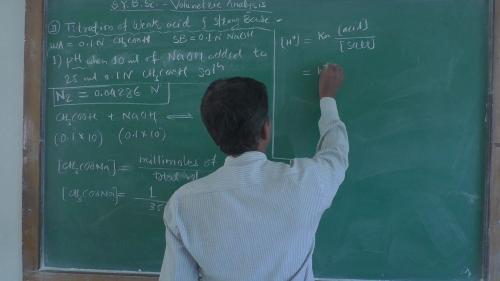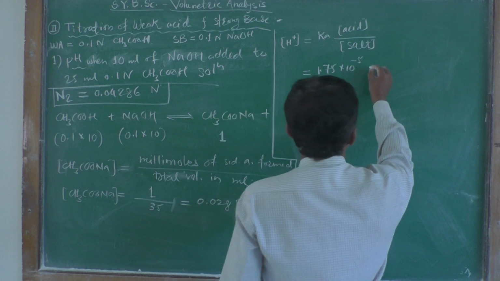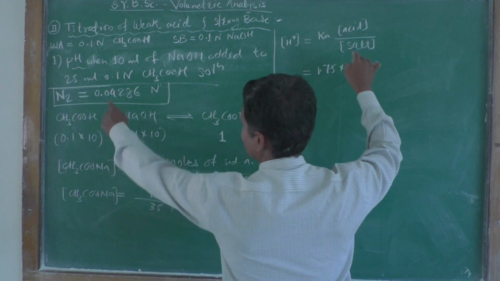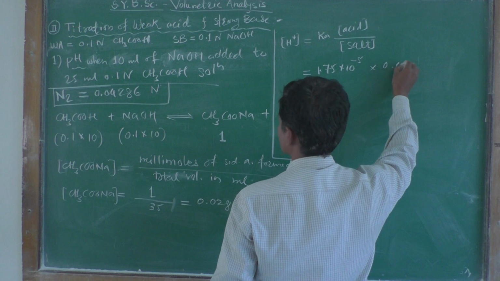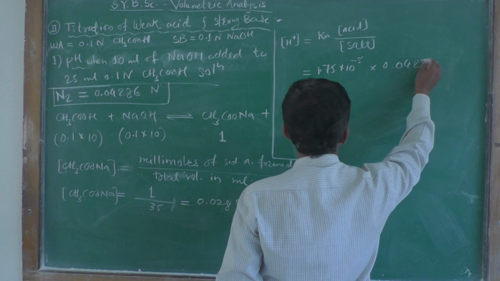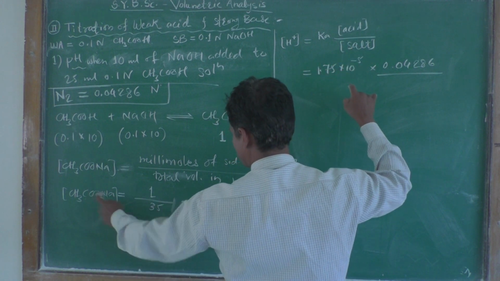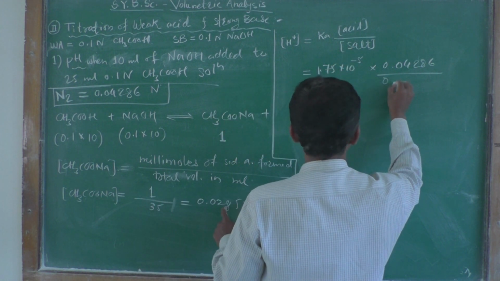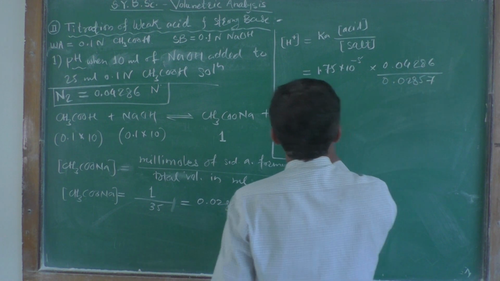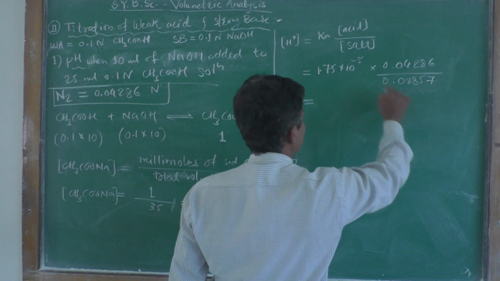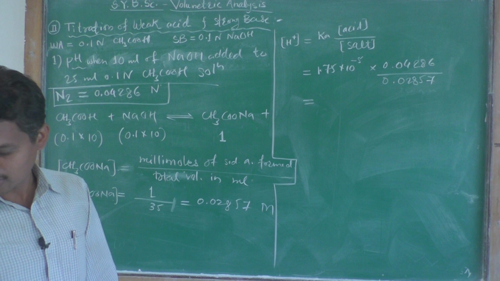We know that it is 1.75 into 10 raised to minus 5, into the concentration of acid. What is the concentration of acid? That we have calculated here. It is 0.0486 divided by the concentration of salt. Sodium acetate is the salt, and it is 0.02857.